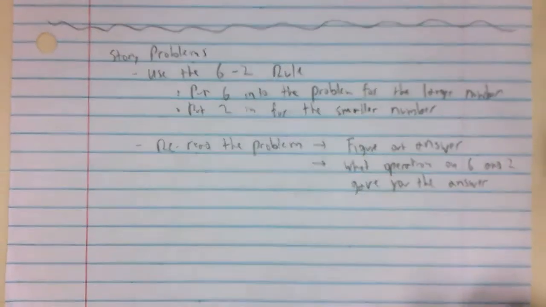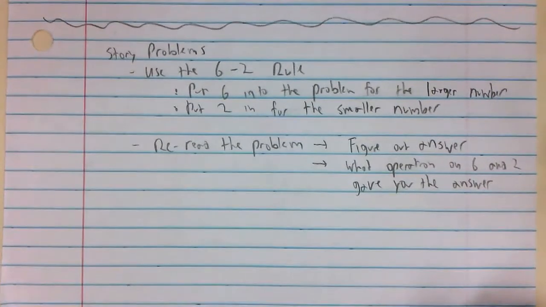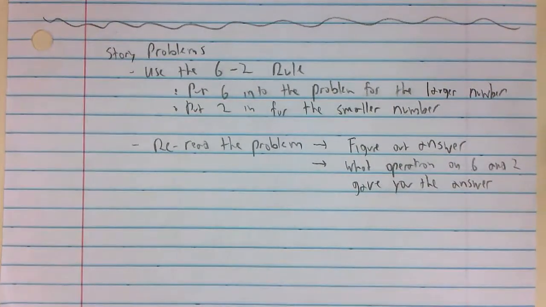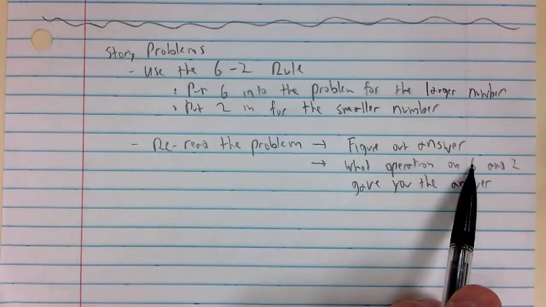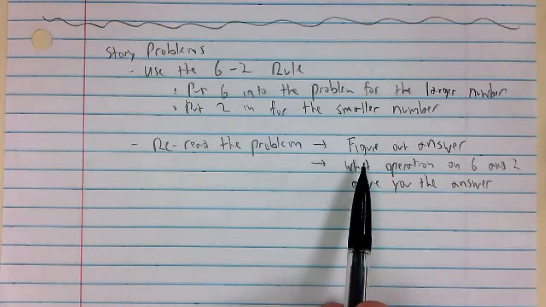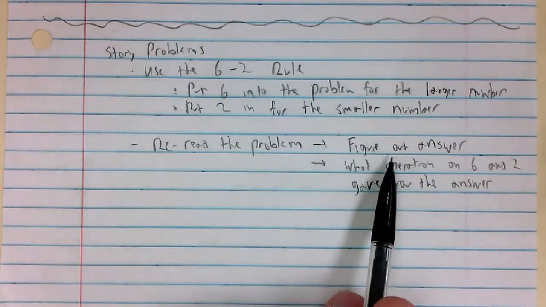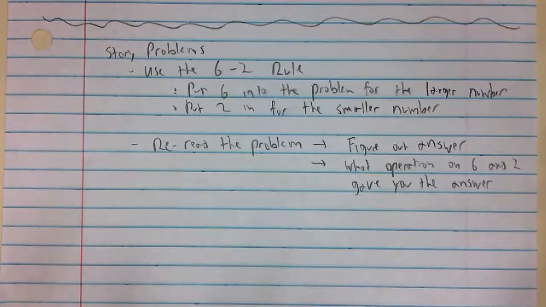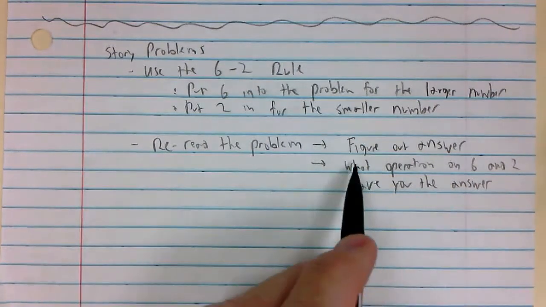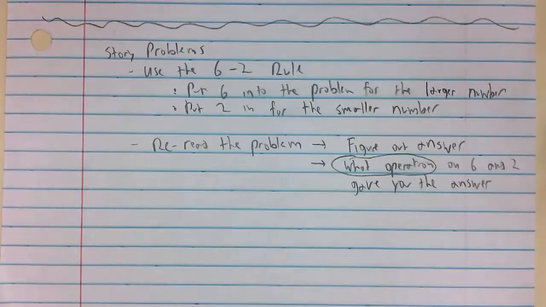Like, if you figured out the answer was 3, well, then you must have done 6 divided by 2. Or if you figured out the answer was 8, you must have done 6 plus 2. I'm telling you, when you read the problem with 6 and 2, you can often just see what the answer must be. And then use the 6 and the 2 and figure out what operation gives you that answer.